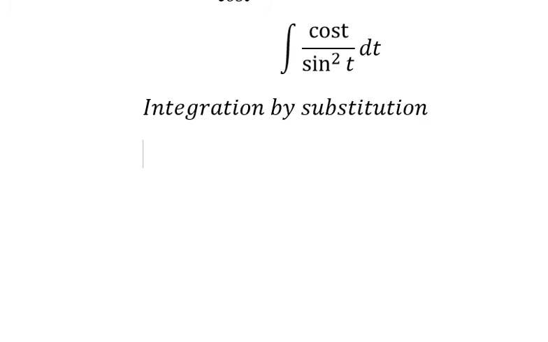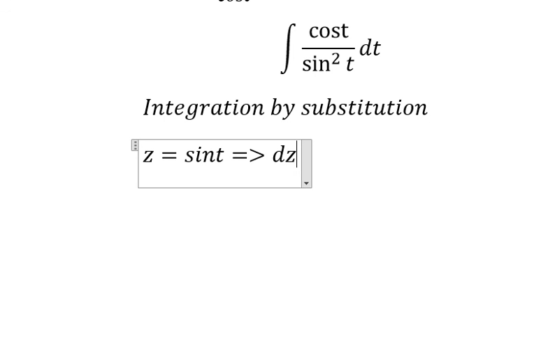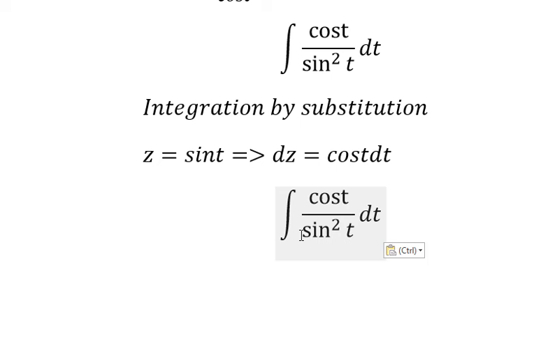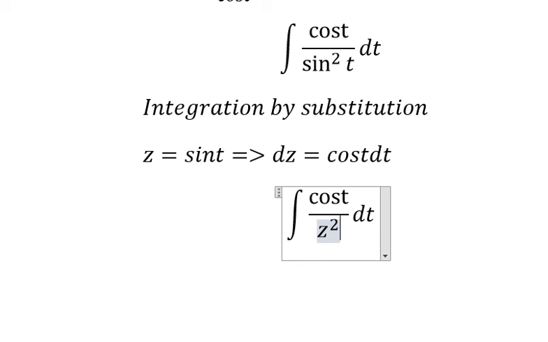So we get z equals sine t. So we have dz equals cosine t dt. So we have this change to z squared.